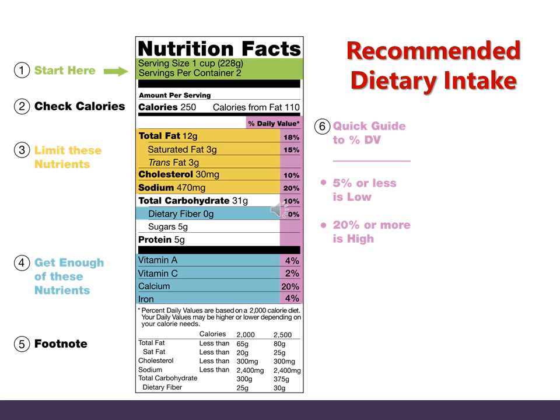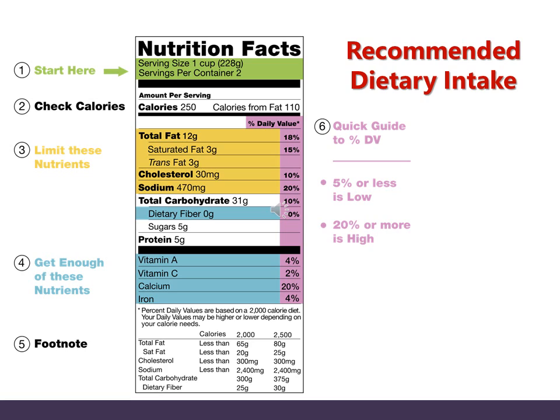Almost all grocery food that we buy contains nutrition facts, and these contain essential information that will guide you if the nutrients in the food you are purchasing are healthy or not.